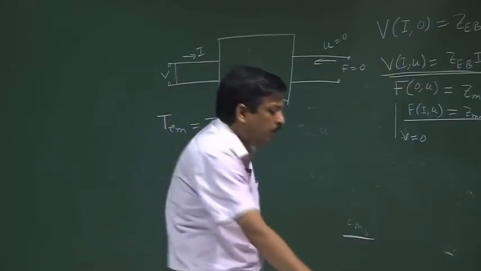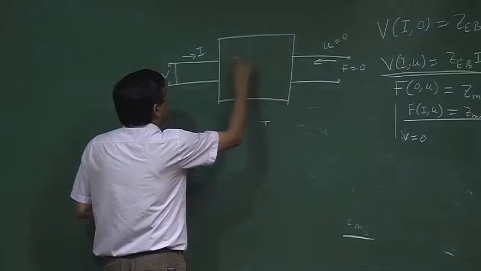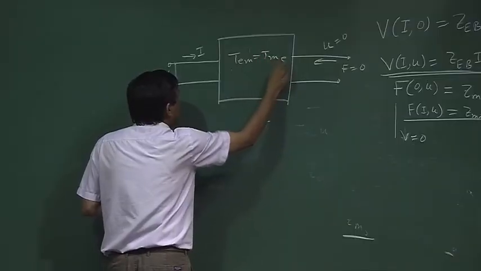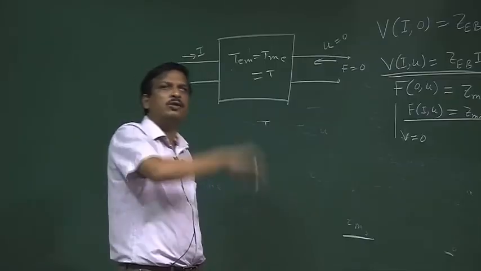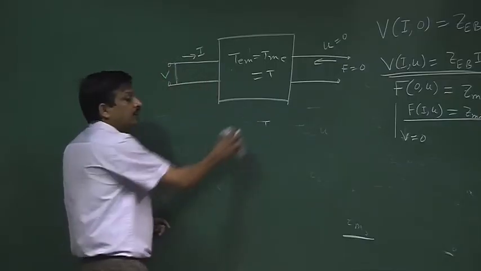So, if it is reciprocal transduction, then what will happen? Let us say this transduction is reciprocal transduction. In that case, TEM equal to TME is equal to T, same, mechanical side to electrical side and electrical side to mechanical side, both are same.